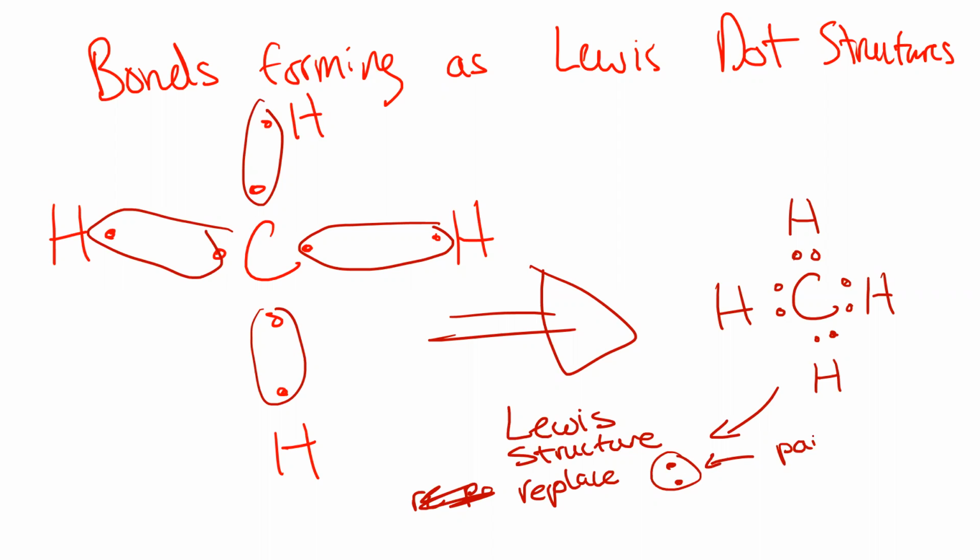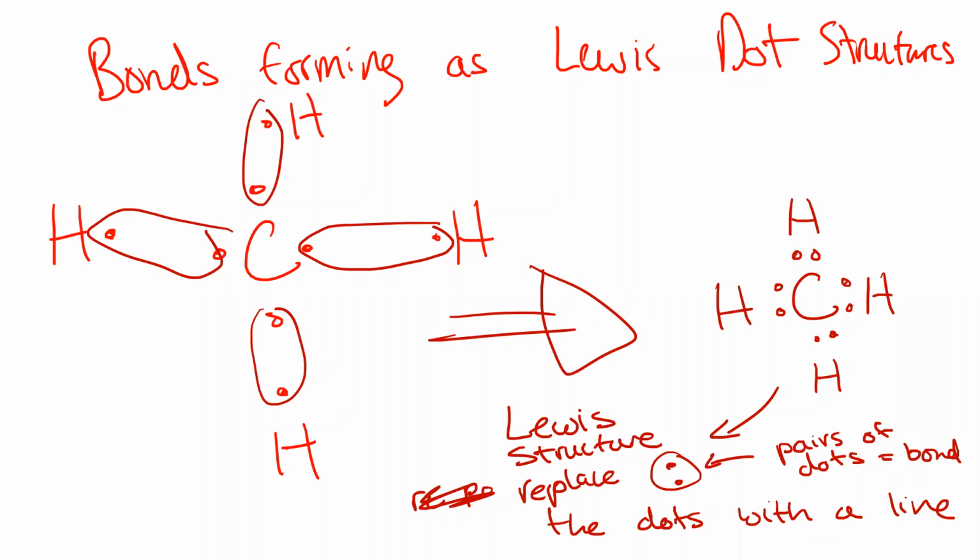So that's a bond. A single pair of dots like that represents a bond. For a Lewis structure, you replace the dots with a line. So instead of using a pair of dots representing the pair of electrons, you use a line to represent the bond between the atoms.